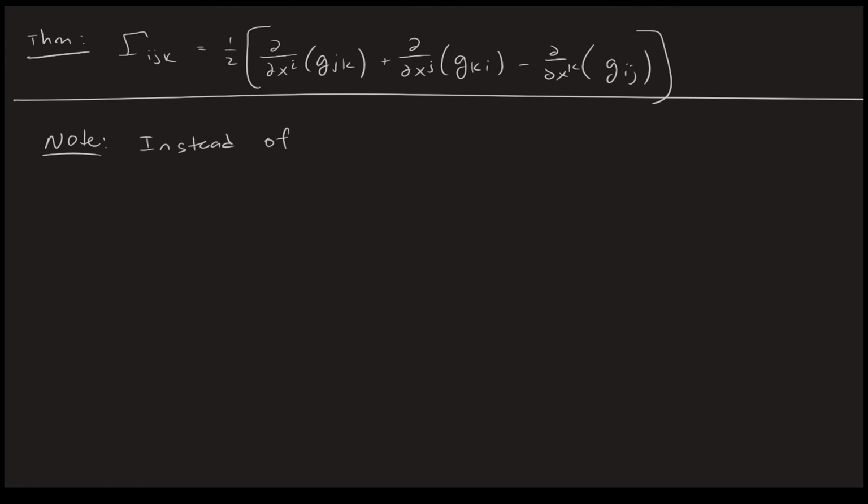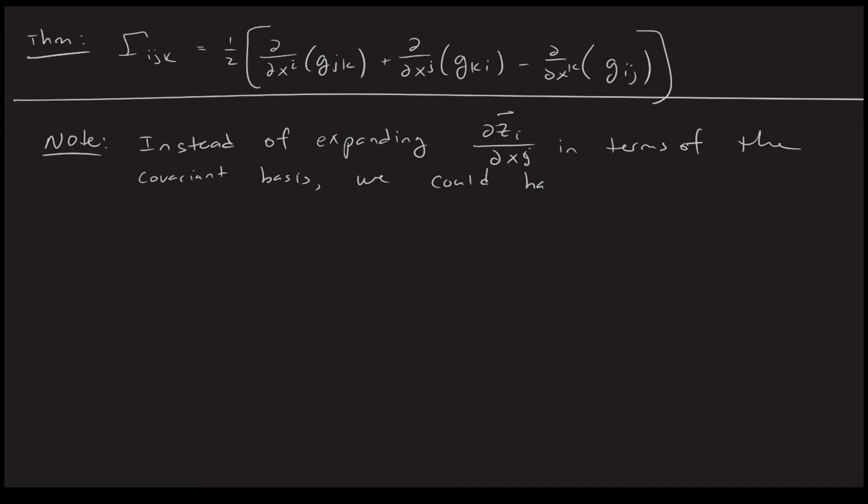Instead of expanding partial z i, partial x j in terms of the covariant basis, we could have expanded in terms of the contravariant basis. And we get a different set of symbols.